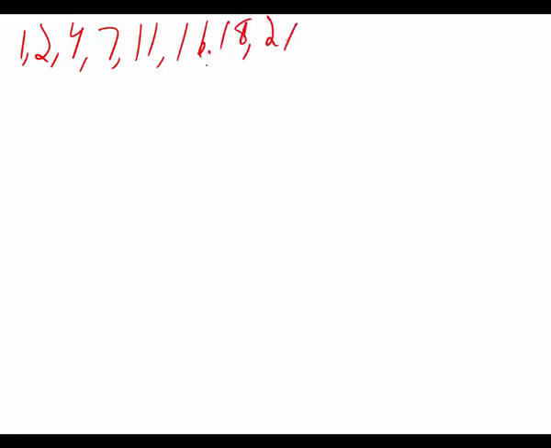All right, let me just write them all down again. Make sure we got them. All right, so we said what? 1, 2, 4. All right, 1, 2, and we did all three of those, right? 4, 7, and 11. 16, 18, and 21. 33 and 36.